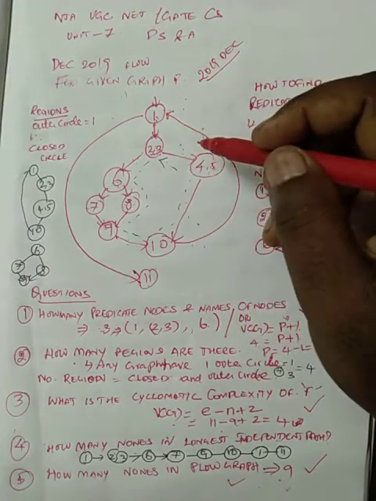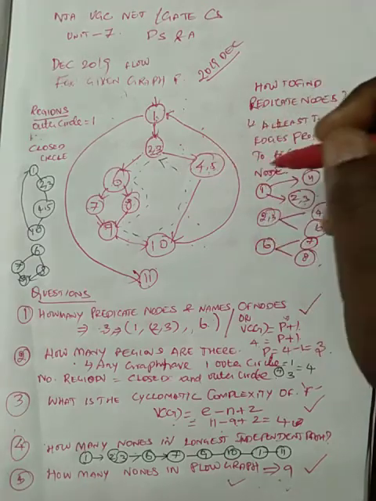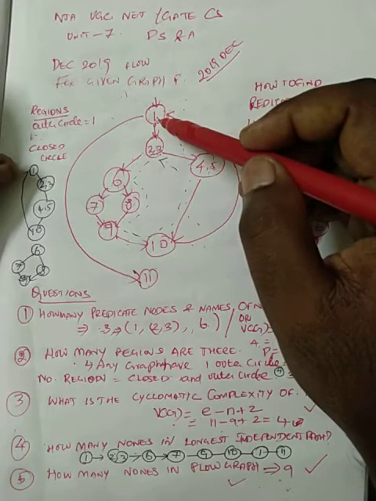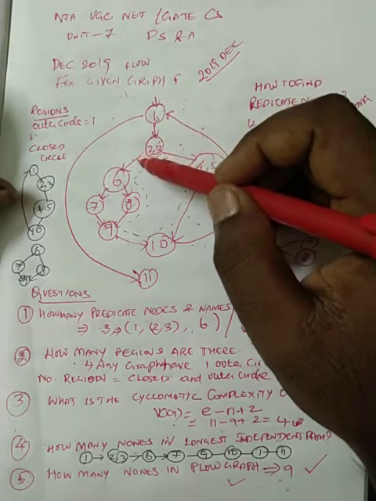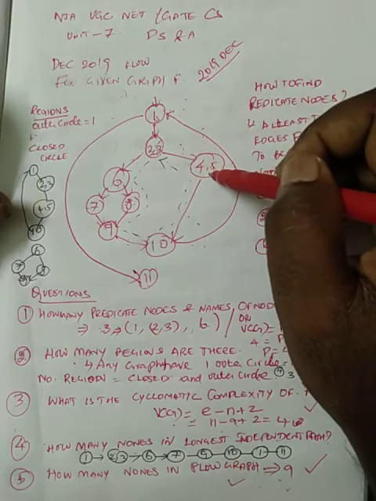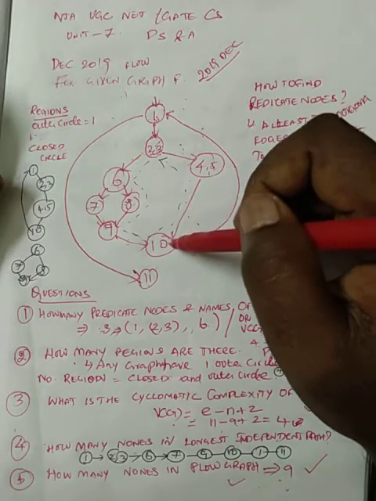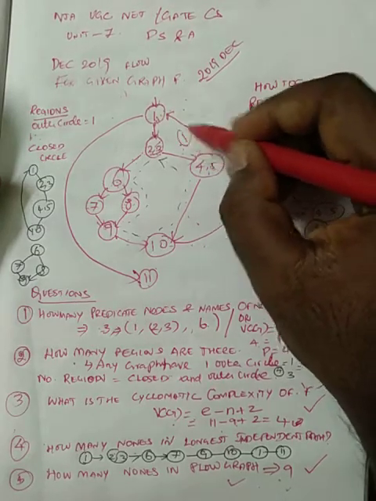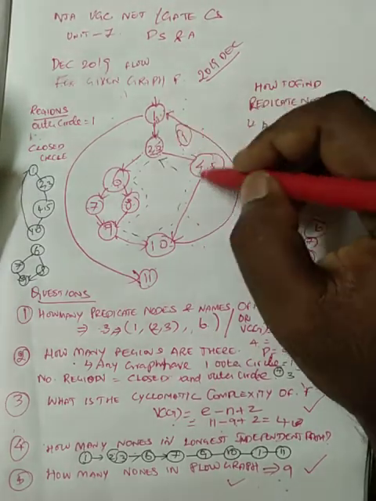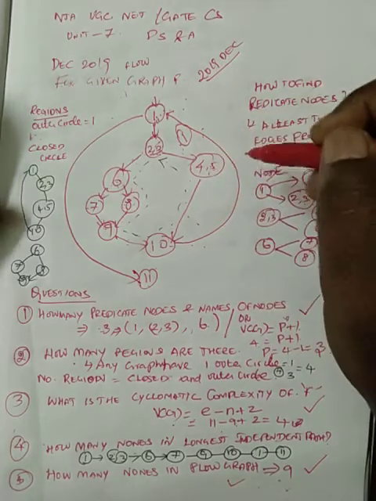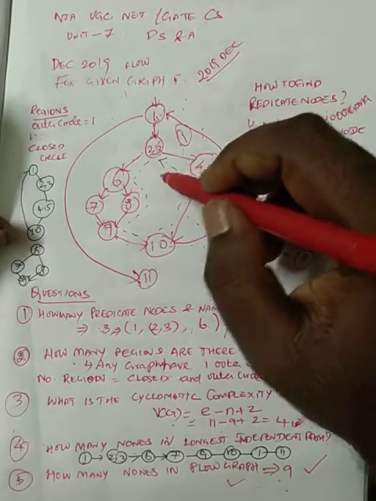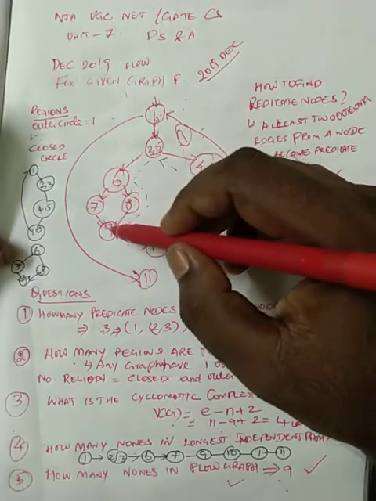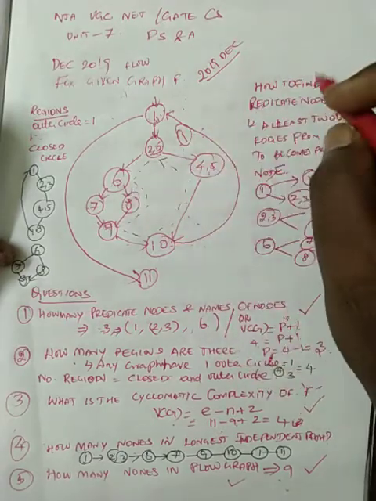A very obvious thing here: if you travel from 1 to 2, then to 4,5, then to 10, then again to 1, this is one closed region. Next, from 6 through 7, 9, 8, that is another closed region.